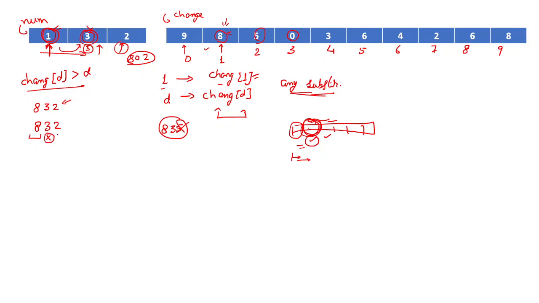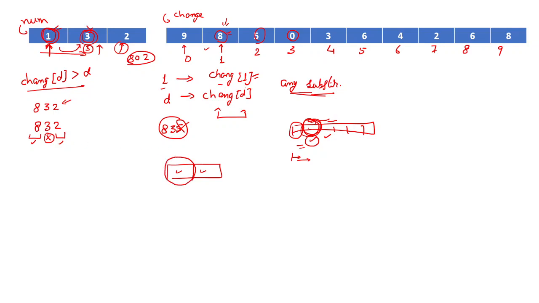So either you can make a change to this 2, or you can make a change to this 8. If we have two options, we will always change the leftmost digit.